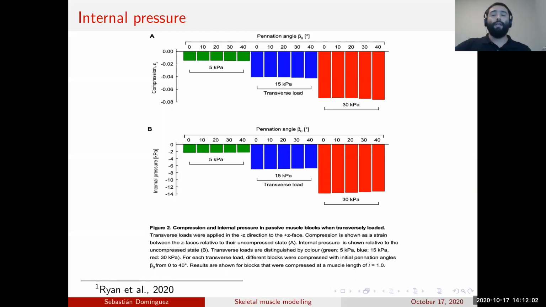As you change the penetration angle, you get different values in the pressure.